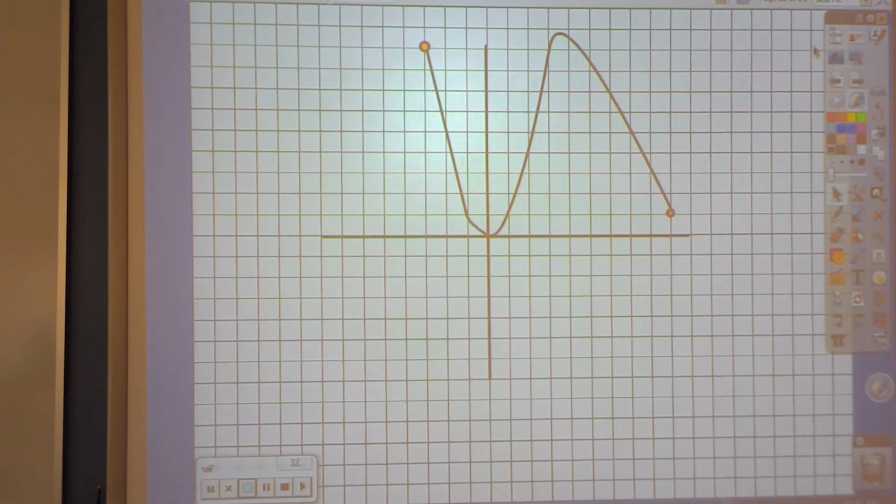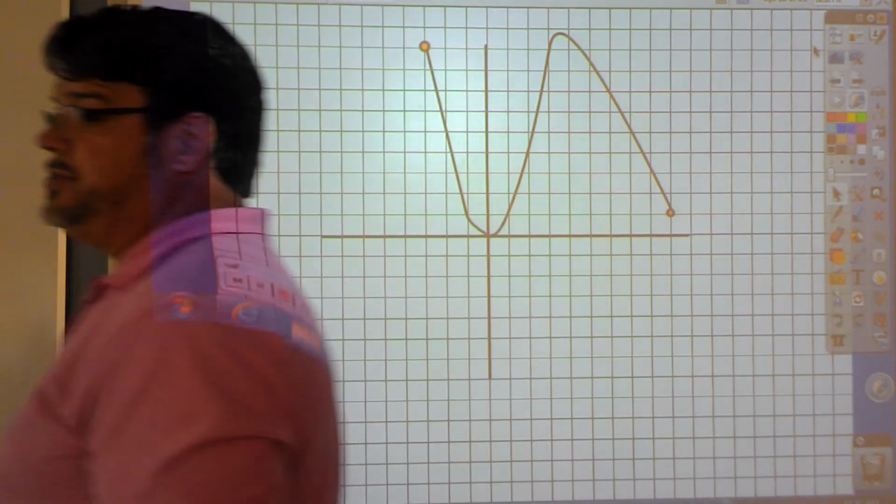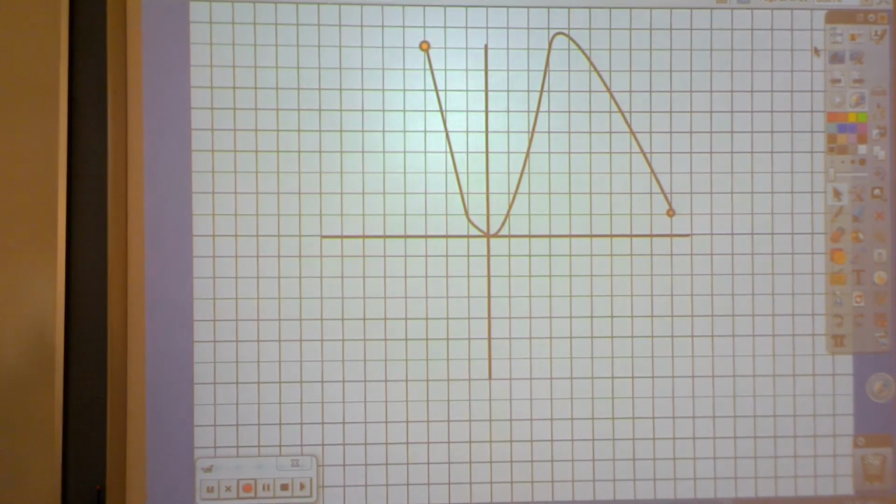Okay, find the domain and range. These are open circles. What did we say about open circles? It does not include that number. That means you use parentheses. Open circles mean it's not inclusive of the number at the end.